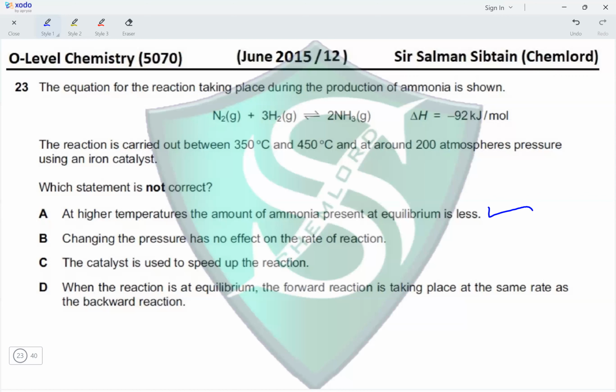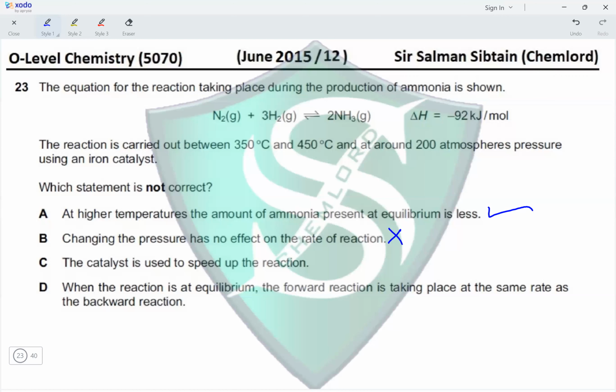So a decrease in pressure would favor the equilibrium in the backward direction because there are 4 moles of reactants and 2 moles of products, and an increase in pressure will favor the forward reaction because an increase in pressure favors the side with the lesser number of moles. The number of moles of products is 2 and the number of moles of reactants is 4. So an increase in pressure will shift the equilibrium forward. So changing the pressure has no effect on the rate of reaction? No, it does. It would increase the rate of the forward reaction.